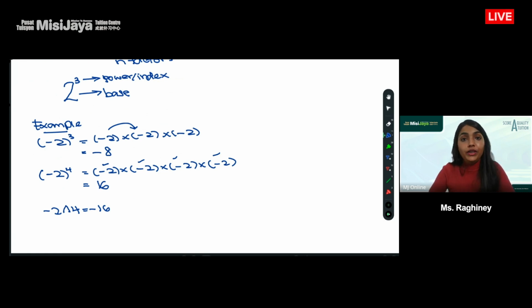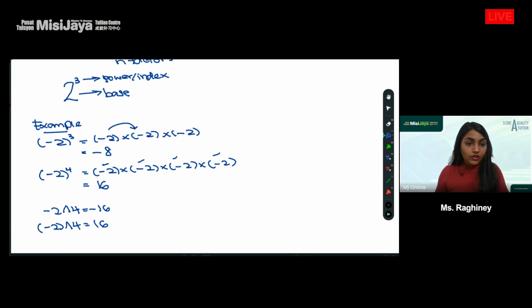All right, we didn't put the bracket. We have to respect the bracket in the calculator. So if it's negative 2 power 4, you have to put the bracket around negative 2, then power 4. Then you will get 16. Okay, is that clear?